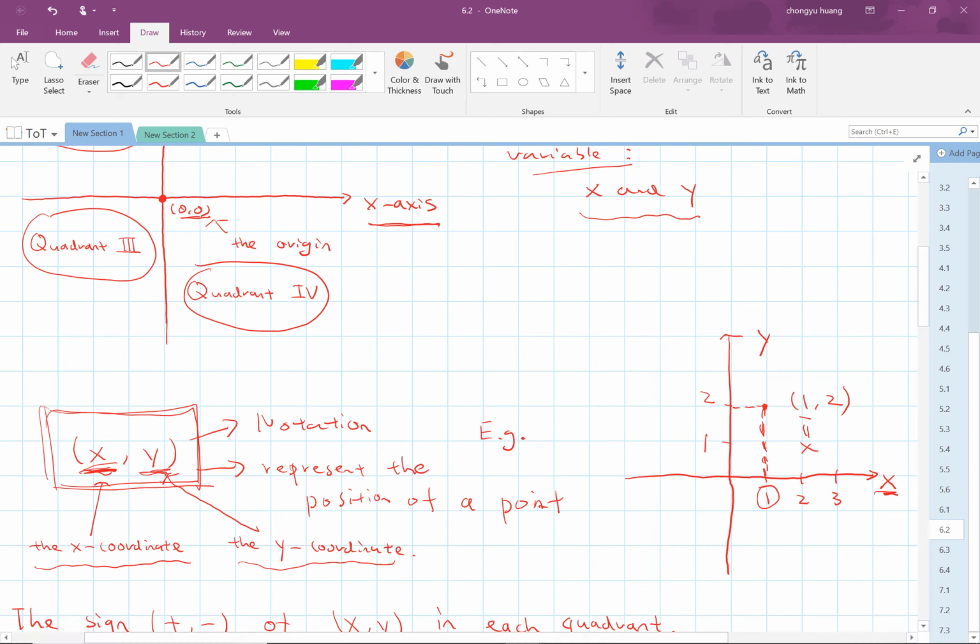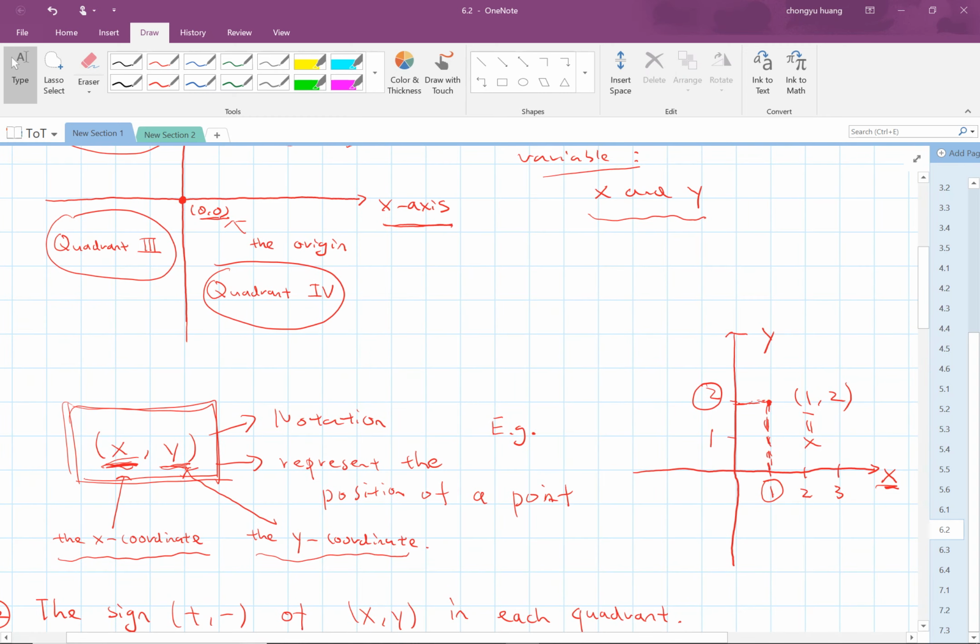And then on this part, you can see there's a number which is 2, so the y coordinate will be 2. It's not really difficult. I think for now everyone should know how to write the x coordinate and y coordinate.